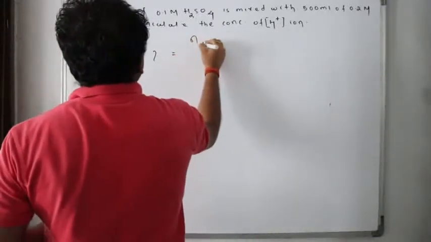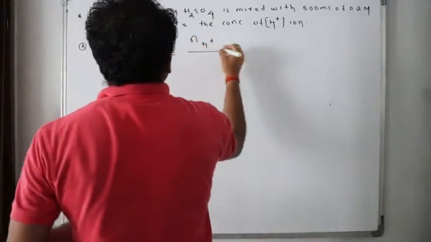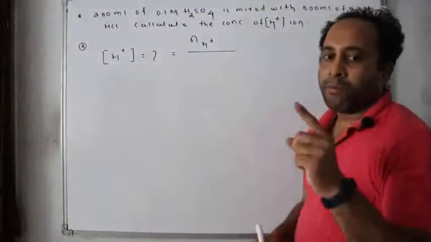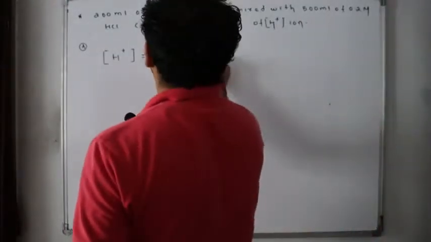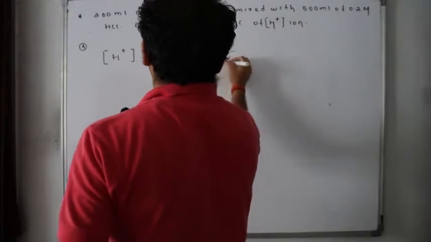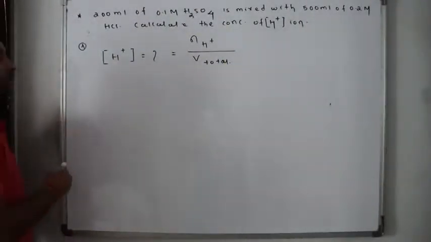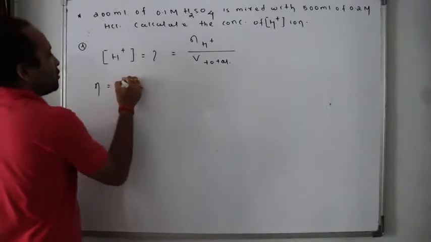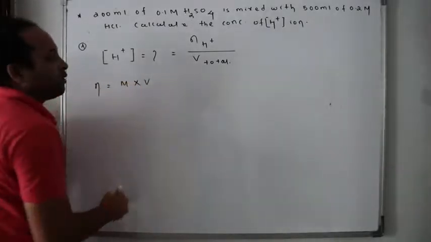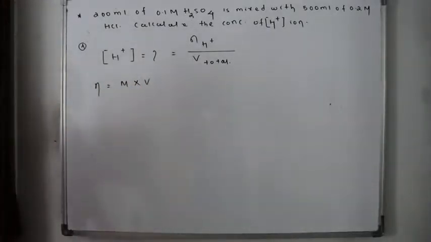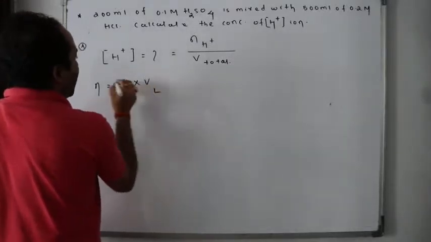How to find it? Isn't it the number of moles of H plus by volume? Is this the target for us to find out? Yes or no? Now, number of moles is equal to molarity into volume. Yes or no? That too, volume should be in liters.